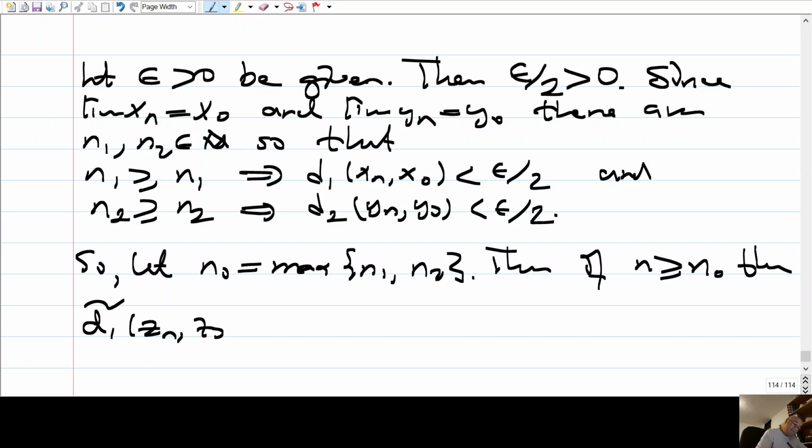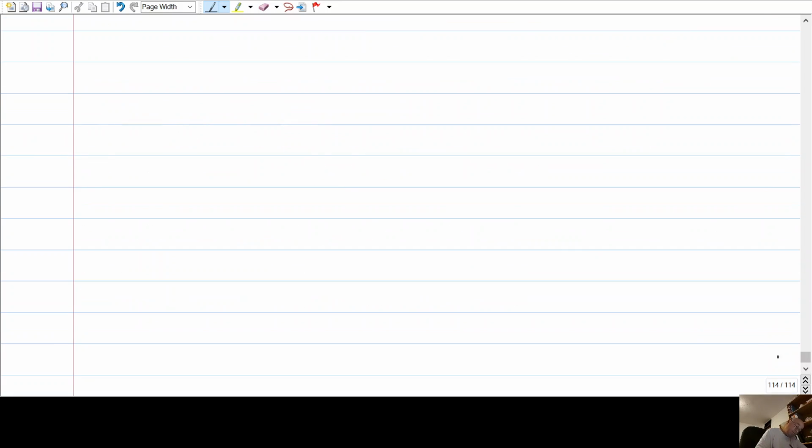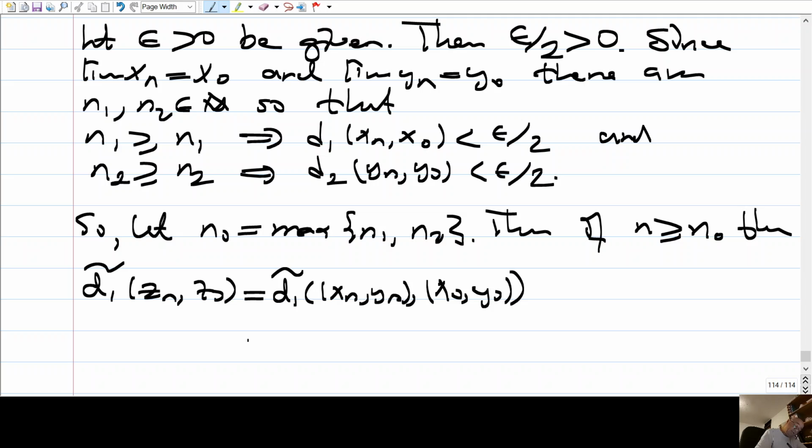Zn and z0. What is this? So this is the distance between xn yn and z0, which is x0 y0. But by definition, this distance is just d1 of xn x0 plus d2 of yn y0, and n larger than n0 implies n is larger than n1.